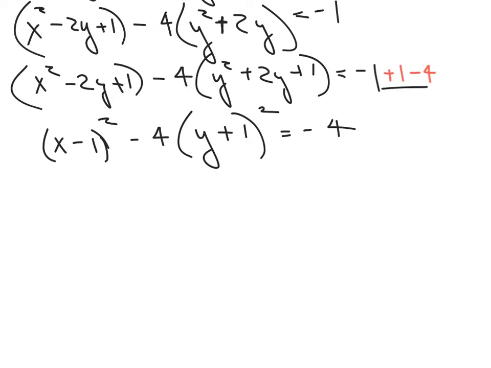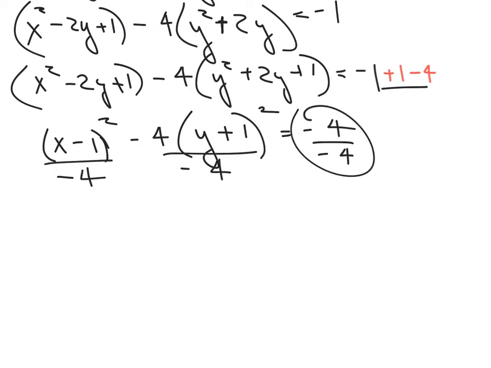And now we have to divide everything by negative 4 in order to get this to be a 1. So now we have x minus 1, the quantity squared, over negative 4. Over here, we have a negative and a negative.